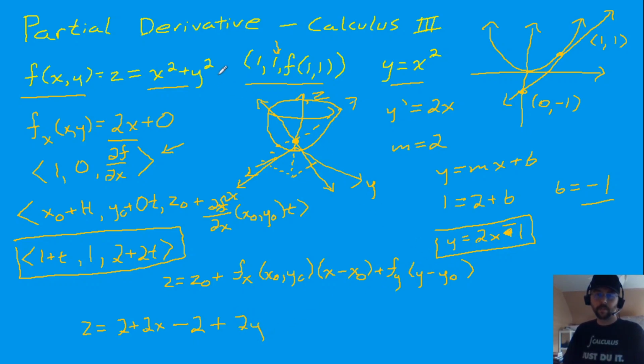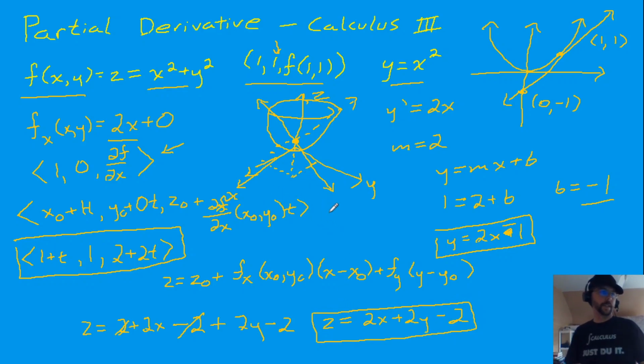Then when we plug in the 1 here, we get negative 1, 2 times negative 1 is negative 2. We can simplify this a little bit because this negative 2 can cancel with this positive 2. So we get z equals 2x plus 2y minus 2. Now this is the equation for the entire tangent plane to that point.